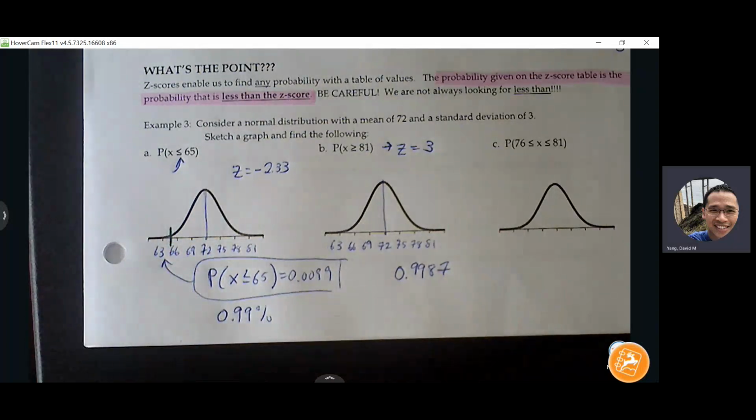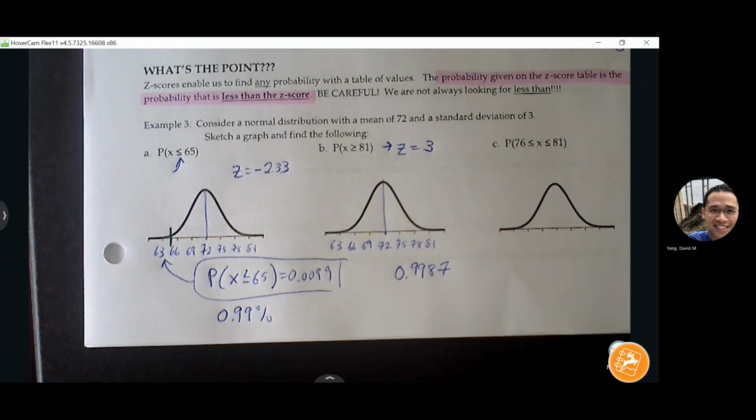Oh, you're right. Let me see. The z-score says 0.0013.